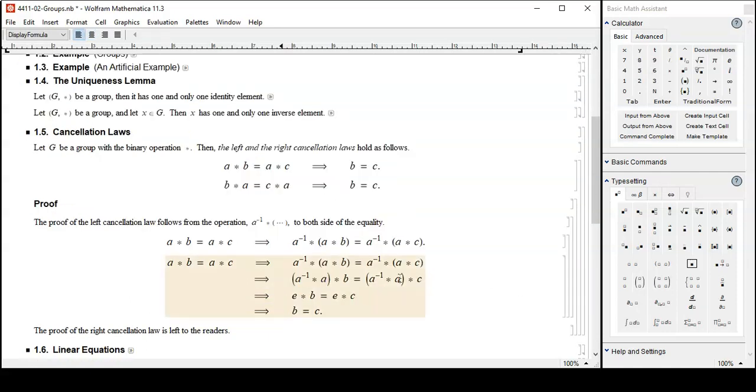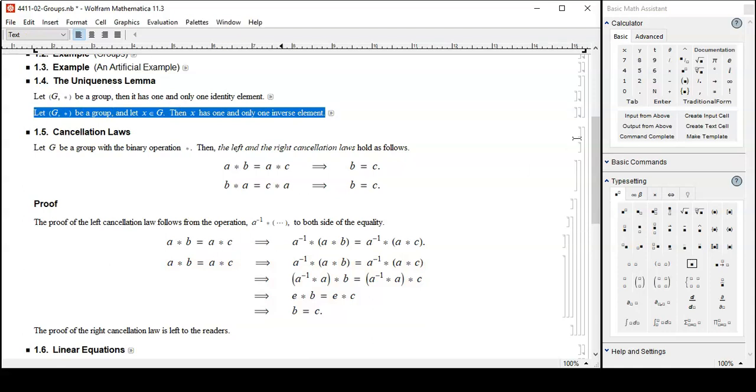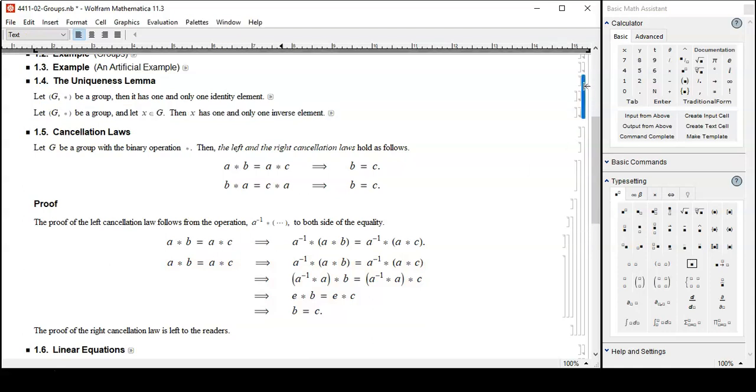These two go out, these two go out, and those are identities. Consequently, we have B equal to C. That's the proof of the left cancellation rule. And please note that we use A inverse notation because we established the uniqueness before. Otherwise, it would have been far more messy.